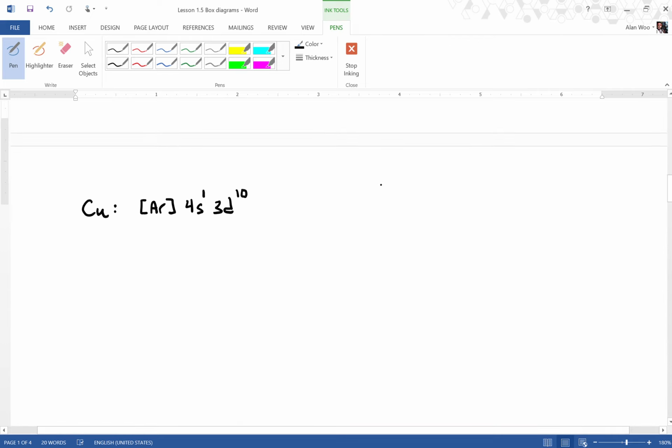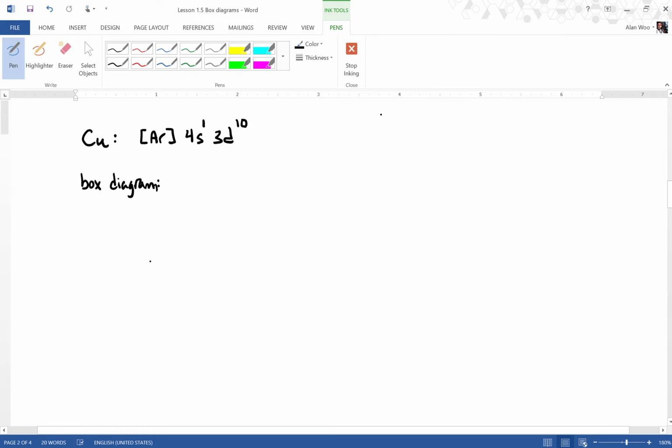Now, if you were to draw this as a box diagram, you have to start at 1s. So sometimes it actually does pay to write out the electron configuration, but we're going to have 1s, 2s, 2p, the next one is 3s.